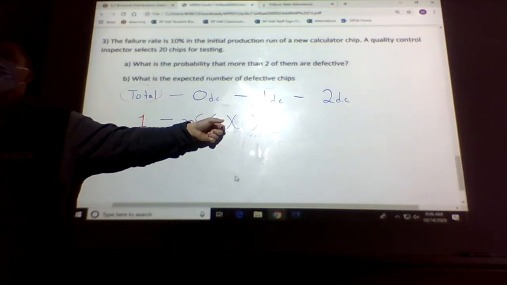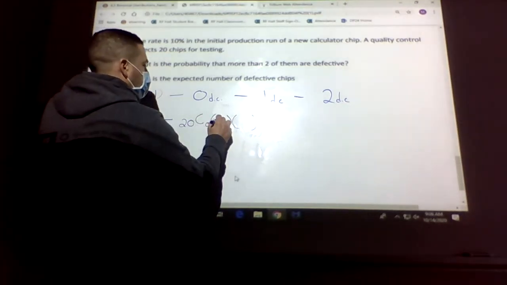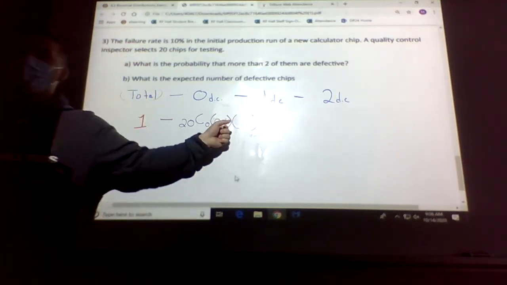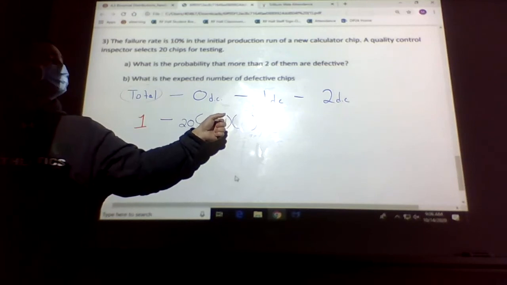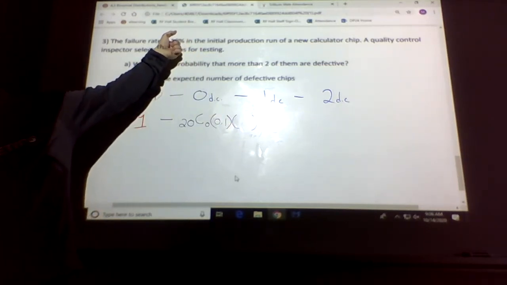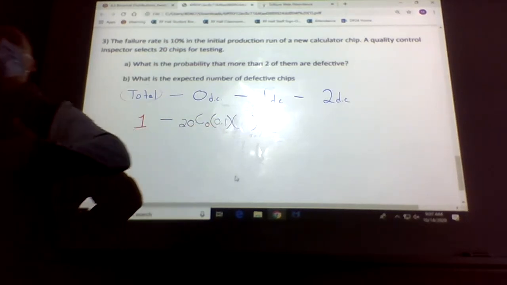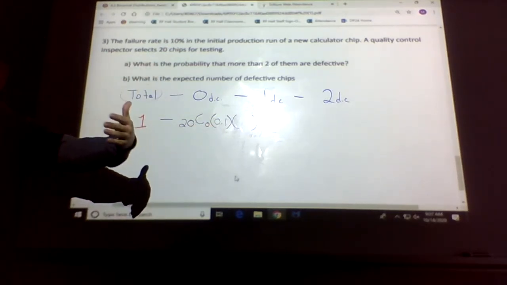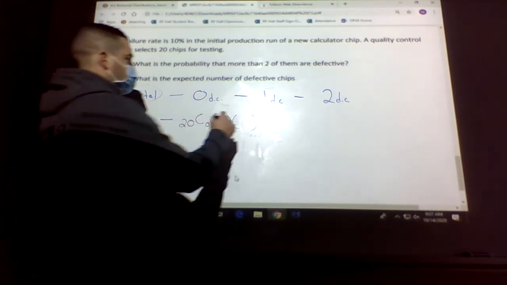It is 10%, yes, so 0.1. Okay, because we're looking at the number of chips. So the probability that it's defective is from the question, it says 10%. So 0.1. That means, what's the probability of not being defective? 0.9, good, so 90% or 0.9.